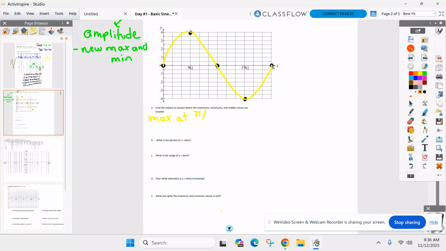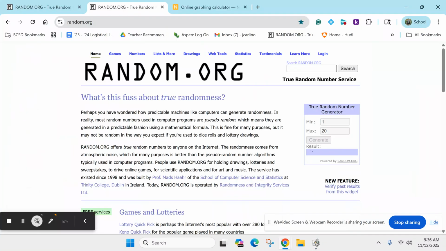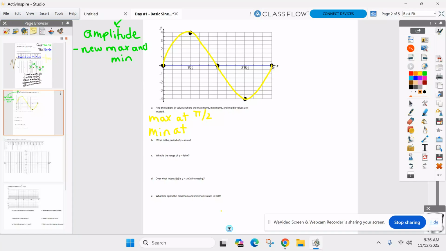Good. It does not hit a max again. So we got a max at pi over 2. A minimum at, Juliana, where's the minimum? At 3 pi over 2. And then middle values, midline.